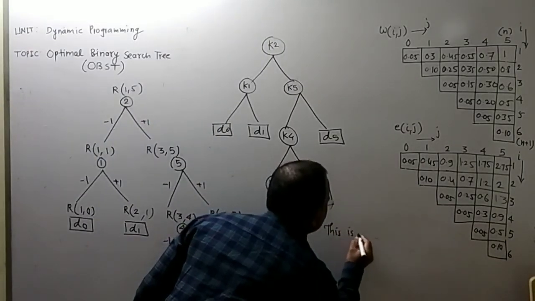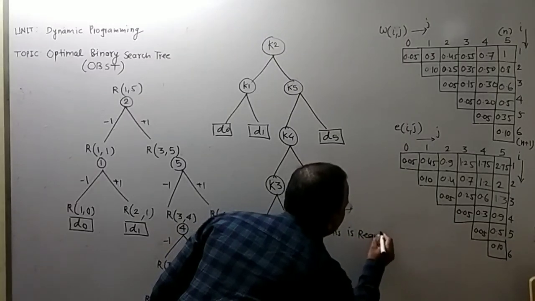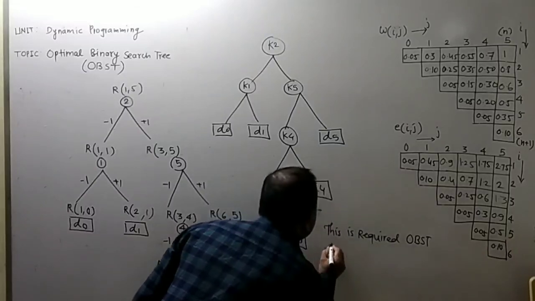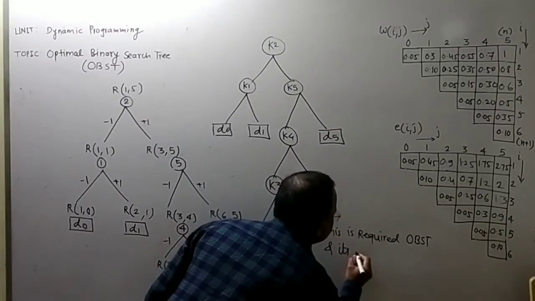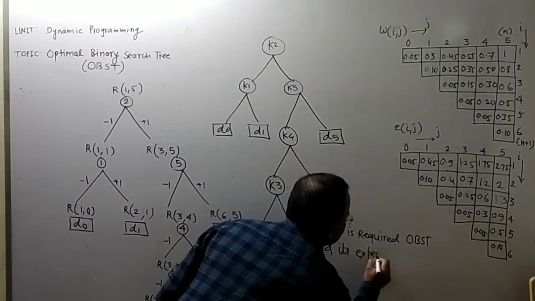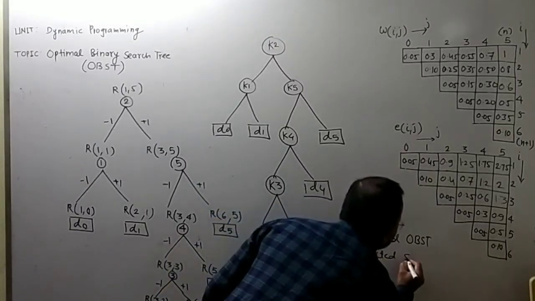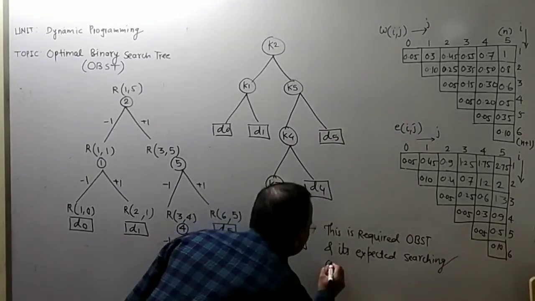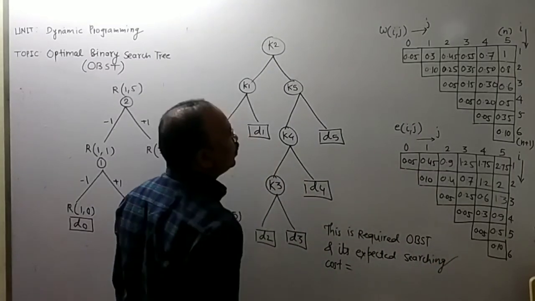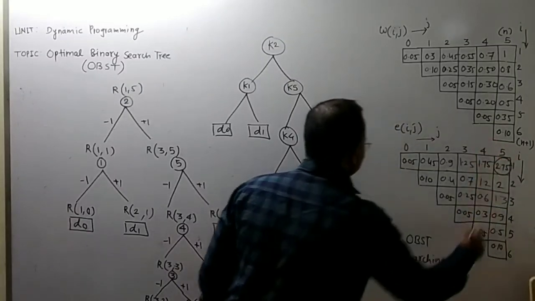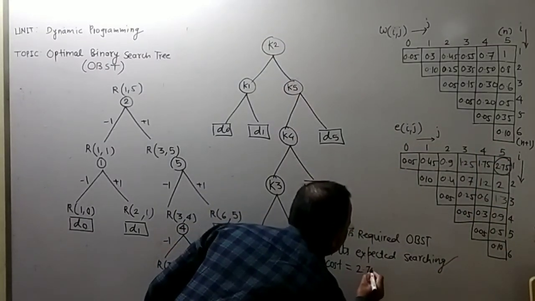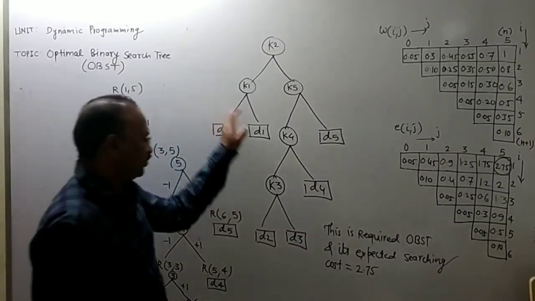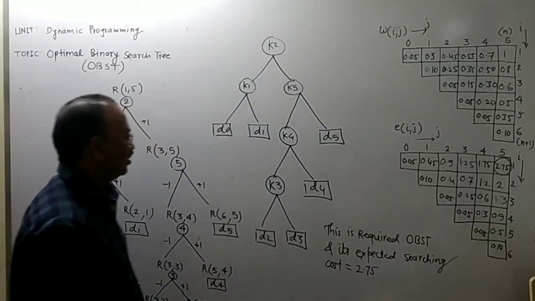This is the required OBST and its expected searching cost is equal to 2.75. In this way, we have obtained the OBST with its expected searching cost. Thank you.